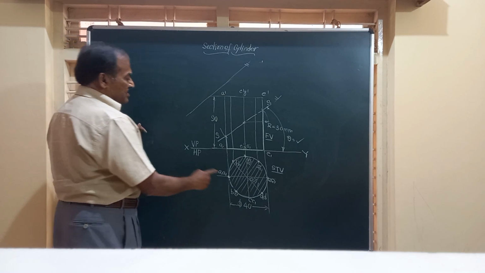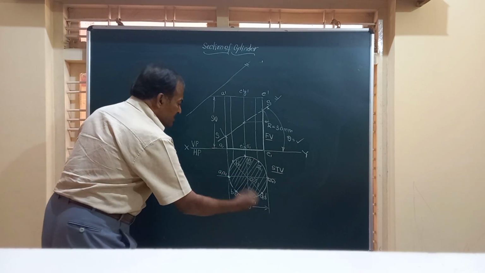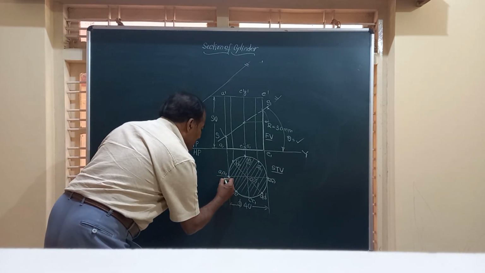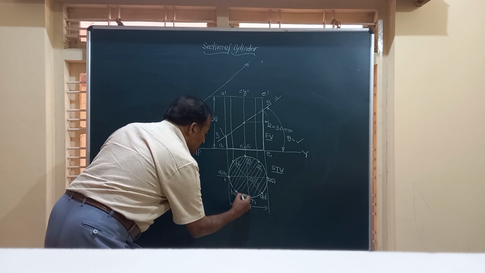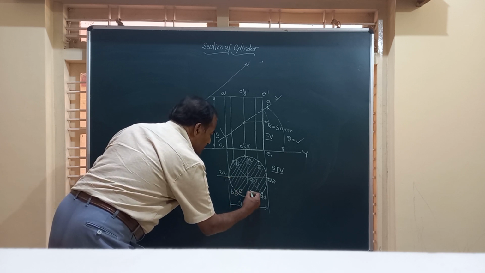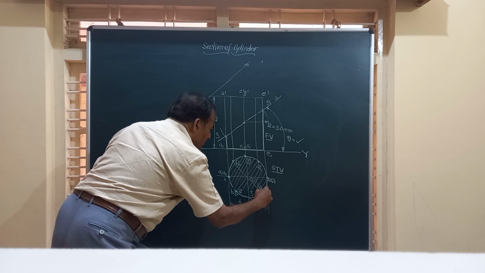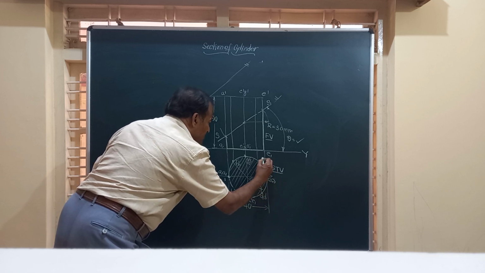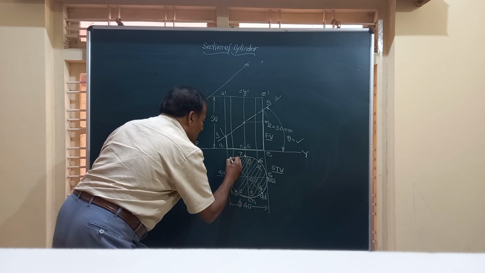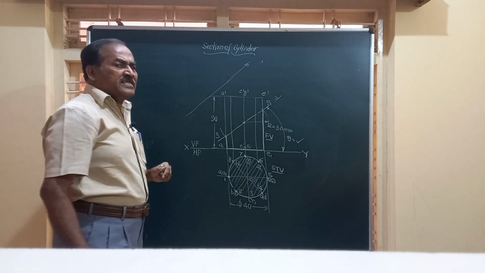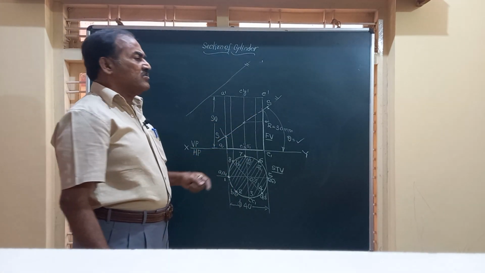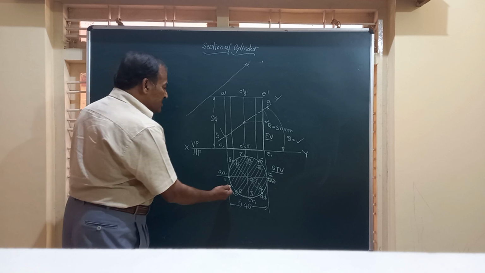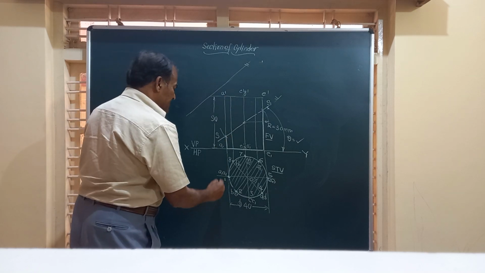Friends, after marking all this, let us number them as 1, 2, 3, 4. On A1, this is 2, 3, 4, 5, 6, 7, and this is 8. Since there are 8 generators, you are going to have 8 points. Let us transfer all these points to the generators.